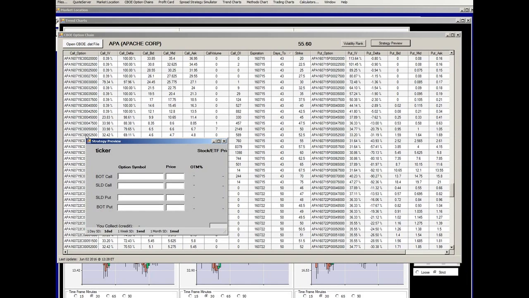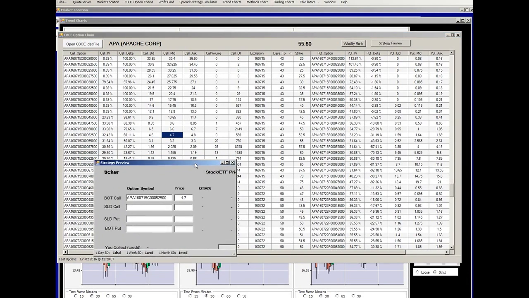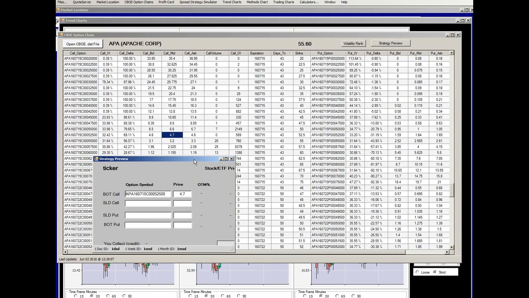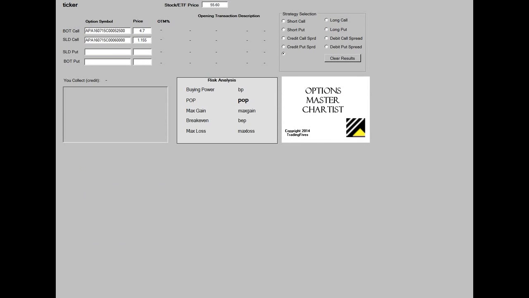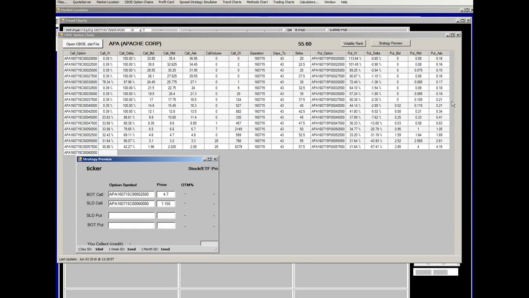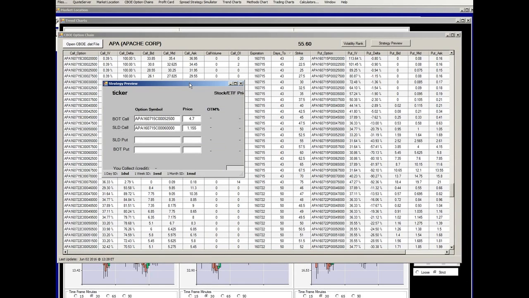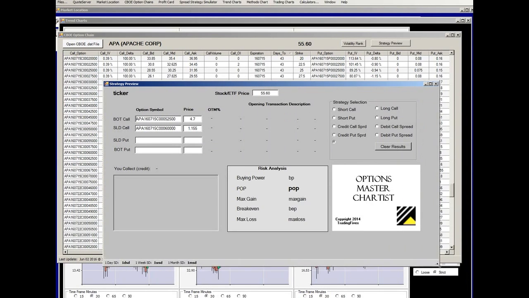And what we're going to do is, we're in the 43-day cycle. We're going to buy the 70 delta call, and the mid price is about 4.70, and we're going to sell the 30 delta call, which is this one right here, and the mid price is 1.55. All right, let's expand now.